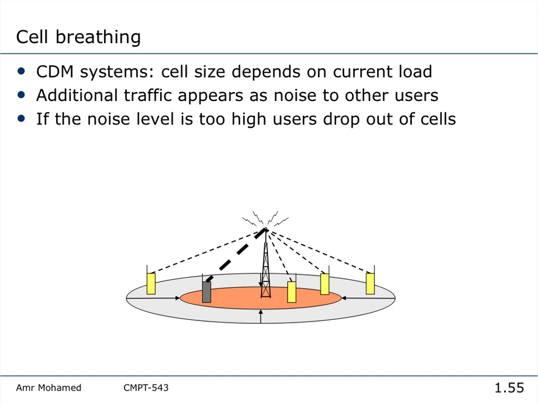Now, in 3G in particular, they came with the concept of cell breathing. As you remember, we talked about code division multiplexing, and we said that one of the issues for code division multiplexing was the near-far effect. And we said that even though we're using orthogonal codes, and orthogonal codes guarantee an interference-free environment, right?